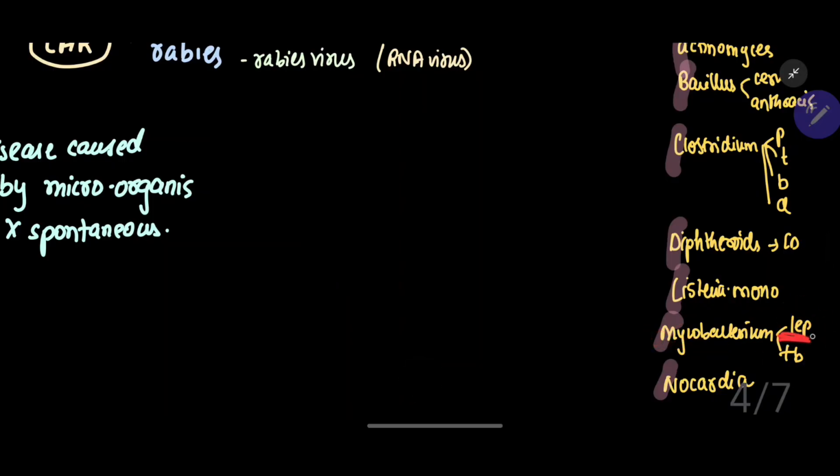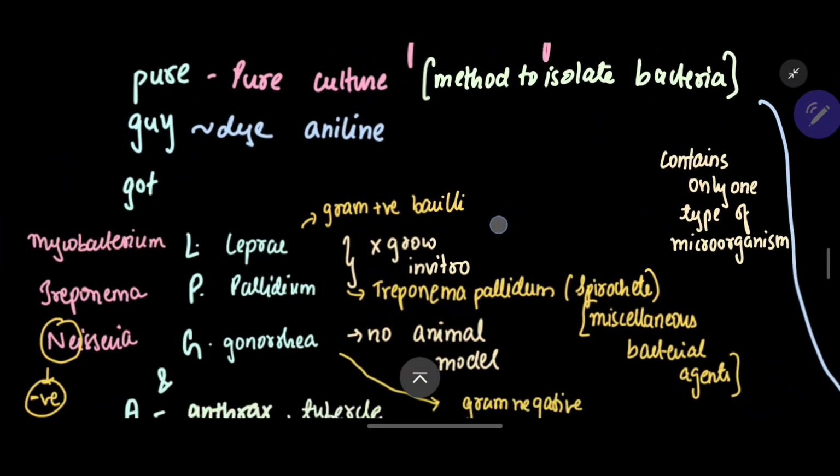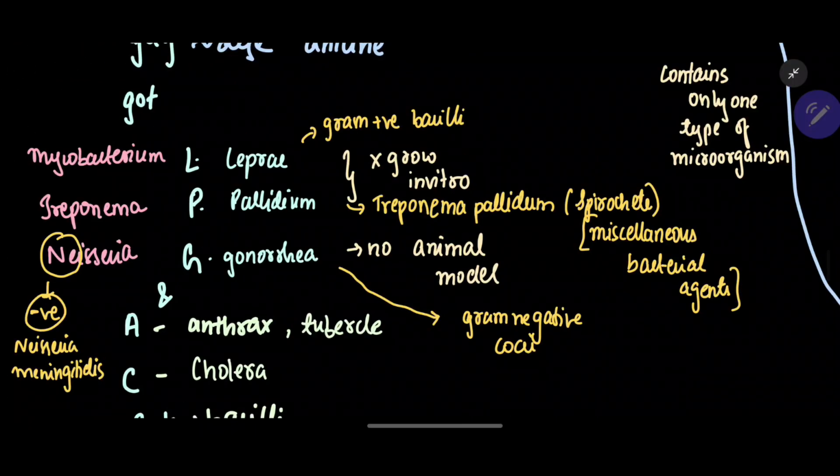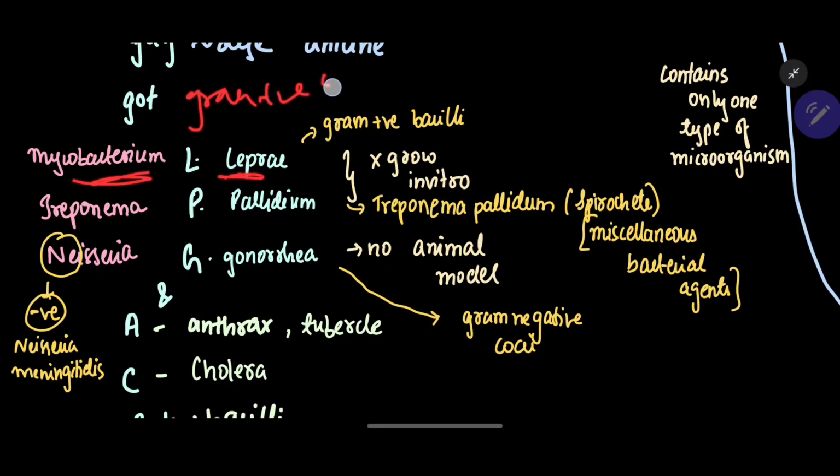So leprae is a gram positive bacilli, and this causes leprosy. Mycobacterium leprae is a gram positive bacilli because it has the mnemonic A, B, C, D, L, M, N. M is for Mycobacterium. Mycobacterium can be TB or leprae.